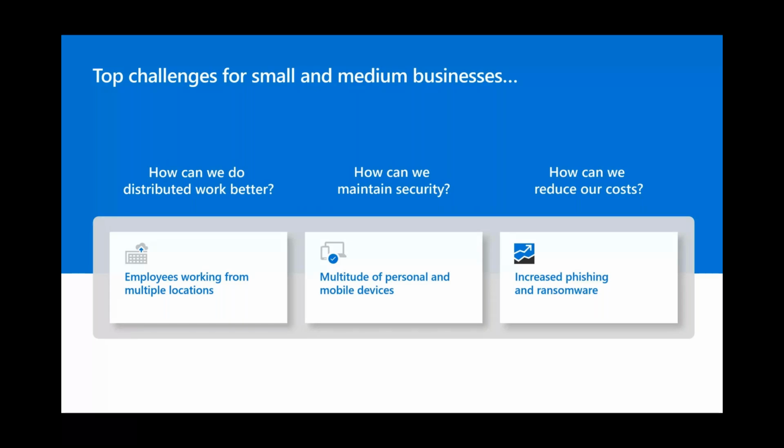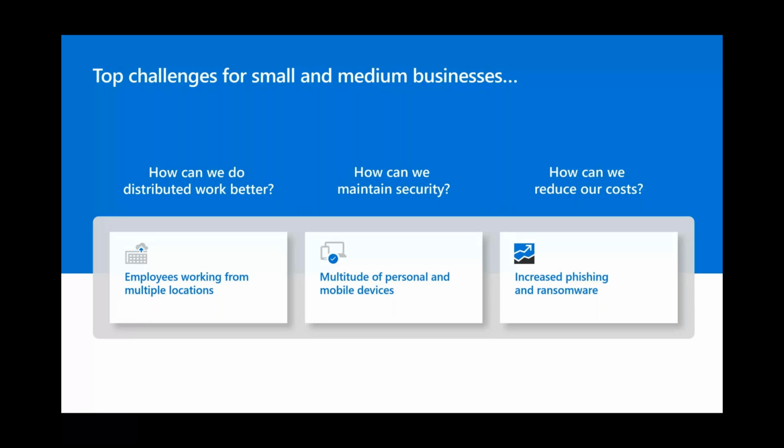People are accessing our corporate information from all sorts of different devices, from all sorts of different locations. Like I said before, not just corporately issued laptops and phones, but maybe personal laptops and phones as well. So we need to figure out what we can do to enable our employees to be as productive and creative as they can be in their working environments.